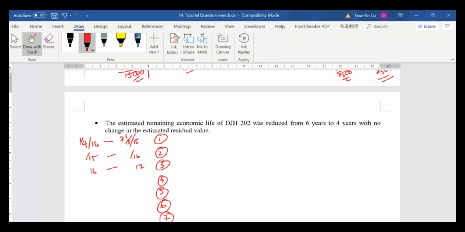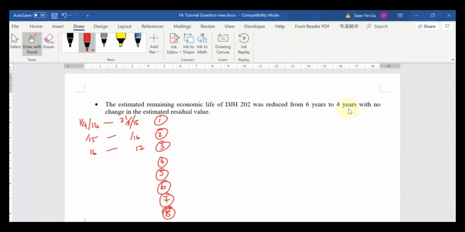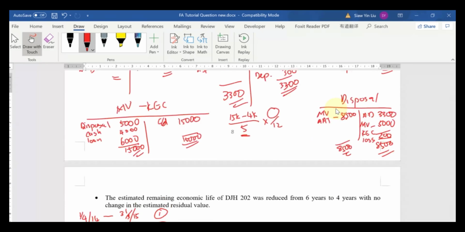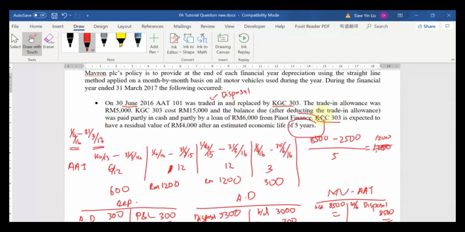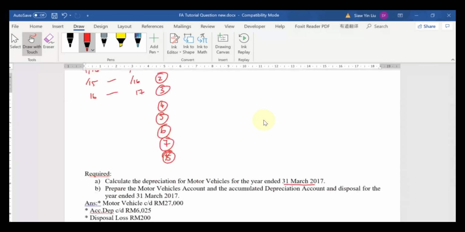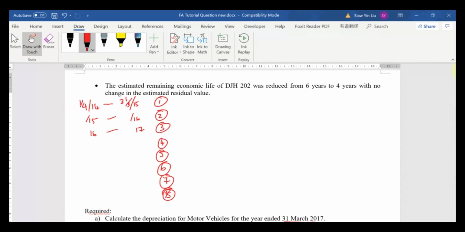Estimated useful life. You're going to reduce from 6 years to 4 years for this year onwards. So from this year onwards, your useful life, by right from this year, they will have 6 years. Okay, 1 year, 2 years, 3 years, 4 years, until 6 years.